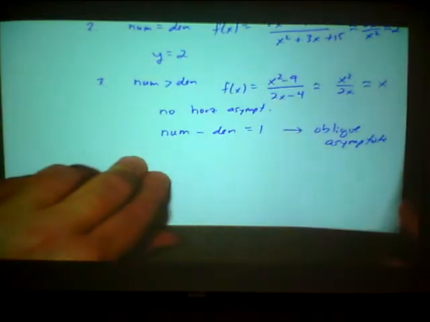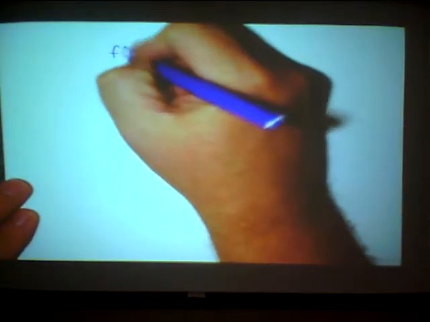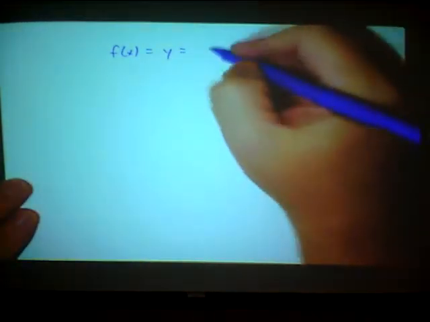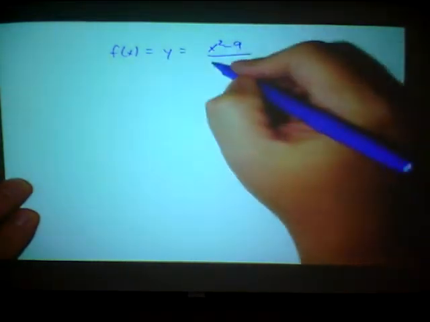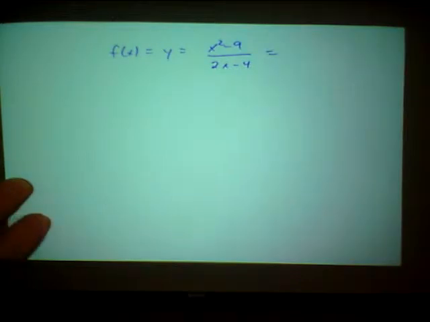Let me start a new page, and we'll treat this as a normal kind of problem where we're going to find intercepts, asymptotes, and sign charts, and all those kinds of things. So f of x or y equals x squared minus 9 over 2x minus 4. Let's go and factor.